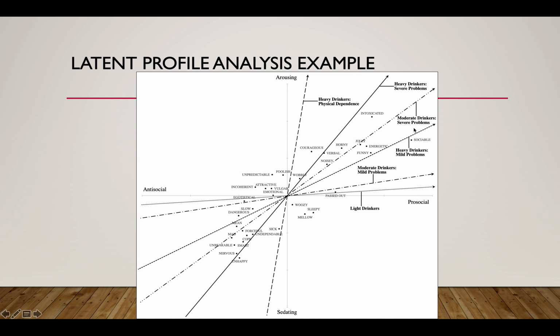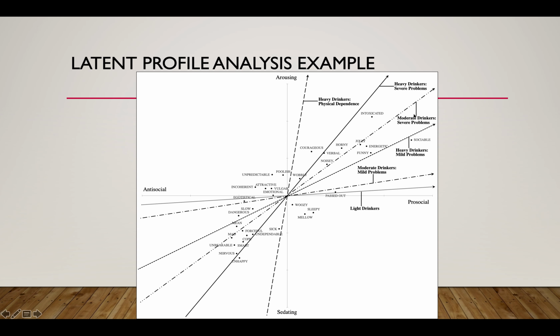In contrast, as people transition, regardless of the amount that they're drinking, we have moderate drinkers up here with severe problems, and interestingly, they're getting pulled closer towards this arousing, sedating axis. If you look at moderate drinkers with mild problems versus moderate drinkers with severe problems, it's a big shift in their activation patterns.